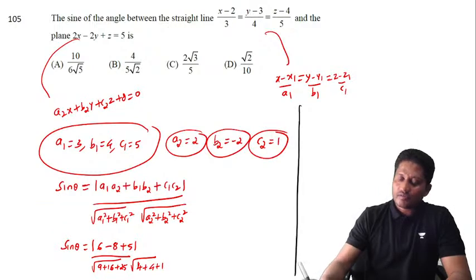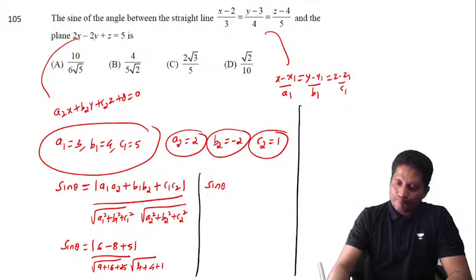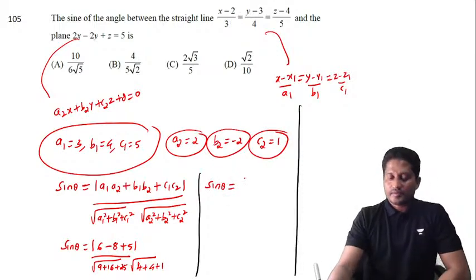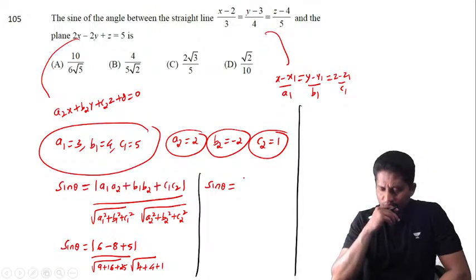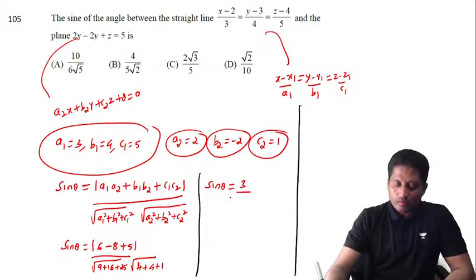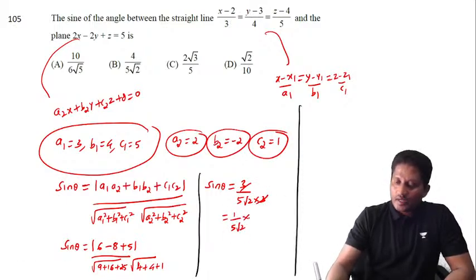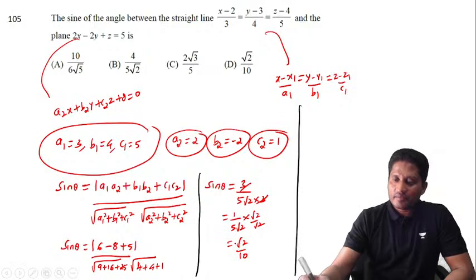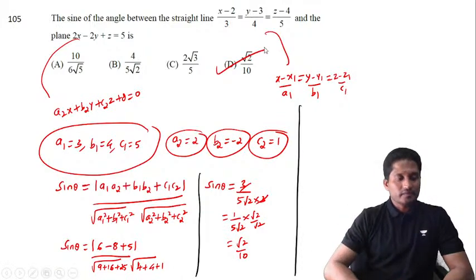Now sin theta is equal to modulus of 3, the numerator, is 3 divided by root of 50 into root of 9. Root of 50 is 5 root 2, and root 9 is 3, so this will cancel. This is 1 divided by 5 root 2. I'll multiply and divide by root 2. You will get root 2 by 10. The sine of the angle between them is root 2 by 10. Answer is option D.